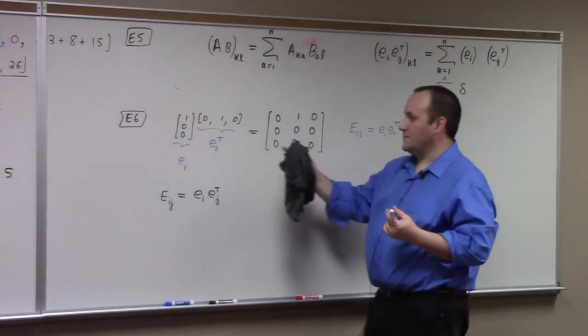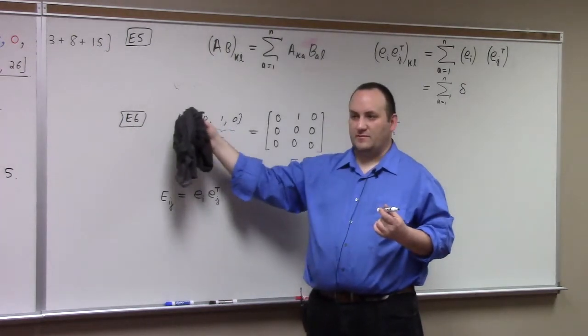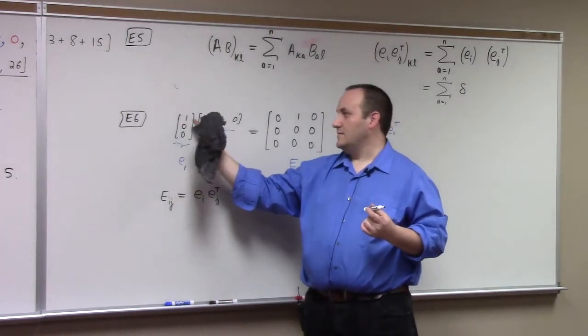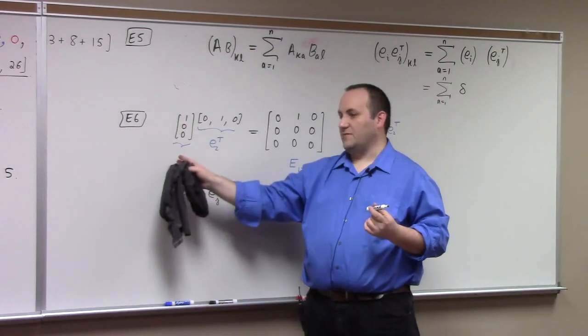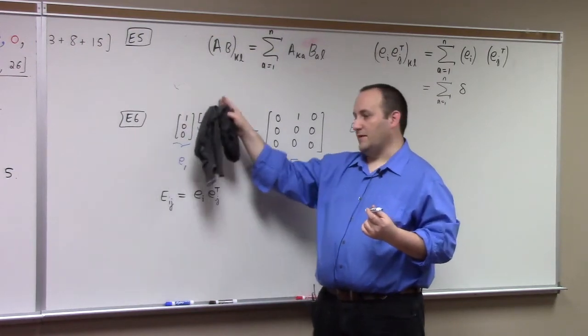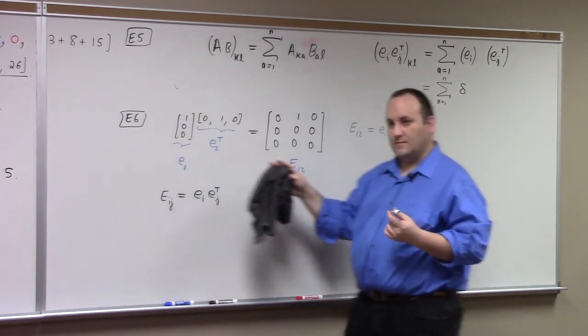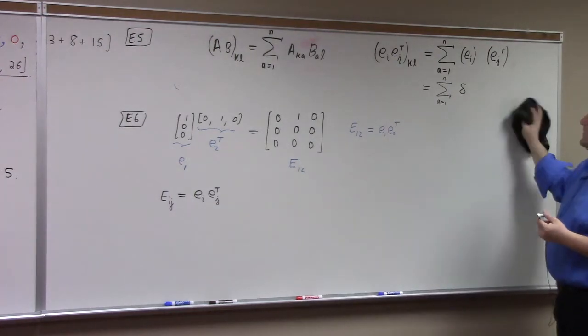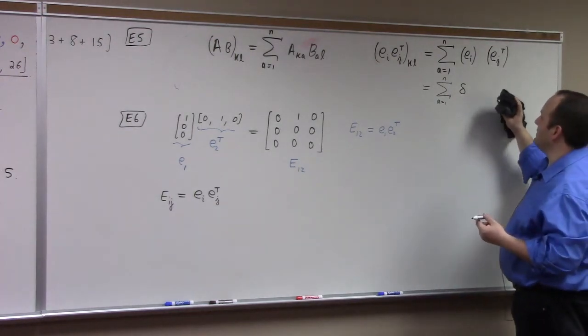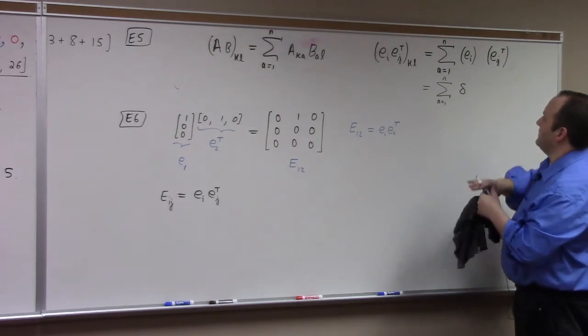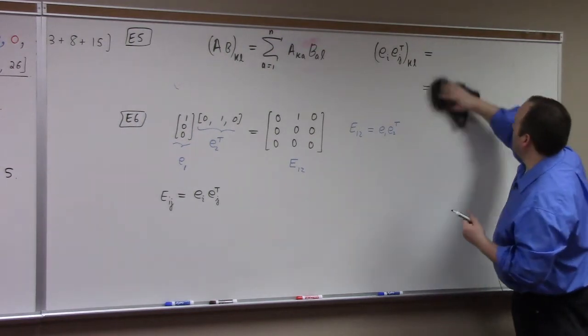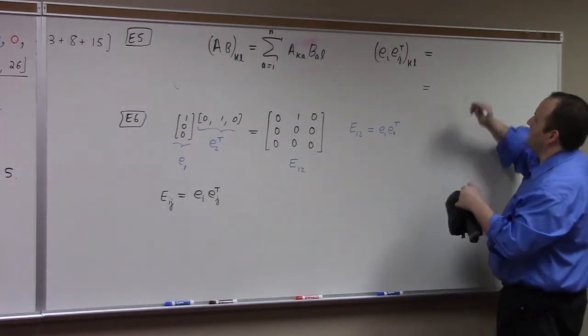There was no sum. To figure out the kth component, what did we do? We just multiplied the kth component of the left thing by the lth component of the right thing, right? And the same is true over here. If I just read my definition correctly, there's no sum. So sorry, guys. It's good we do this, though.